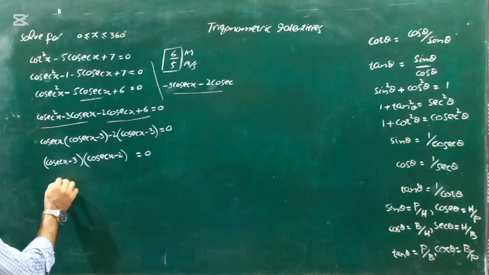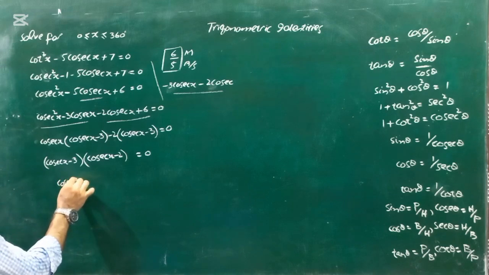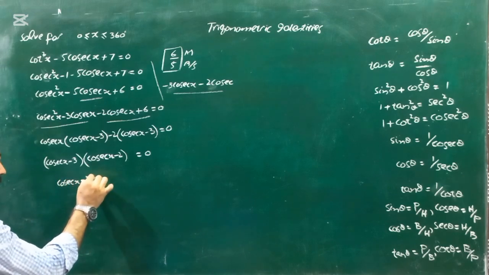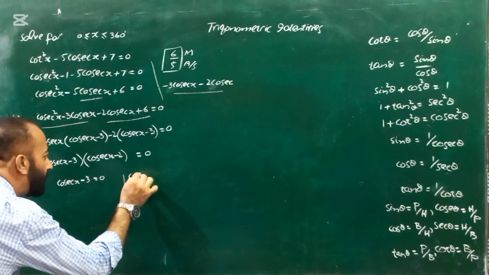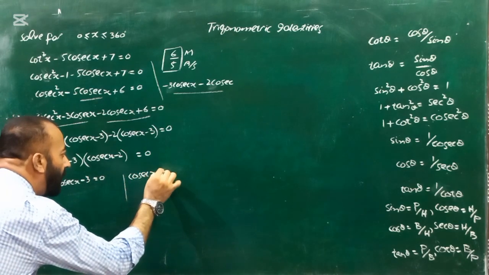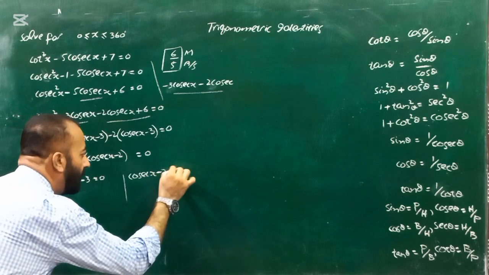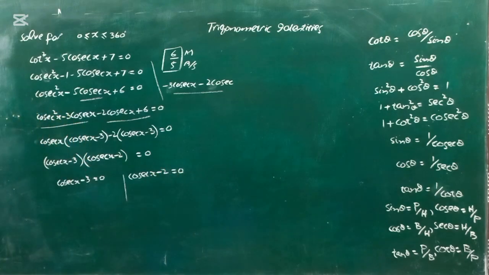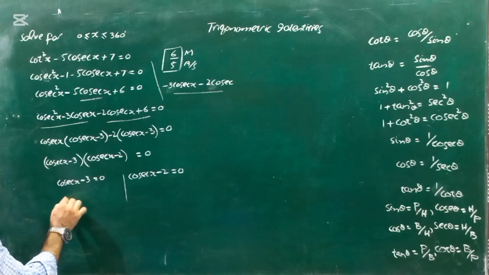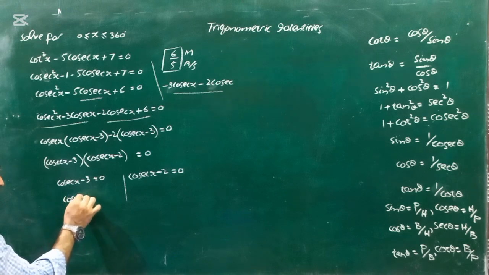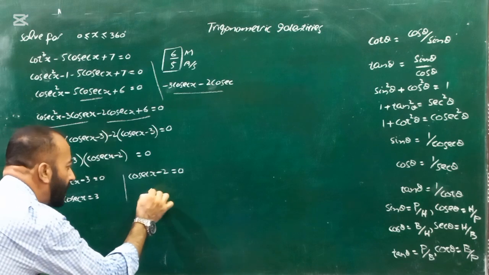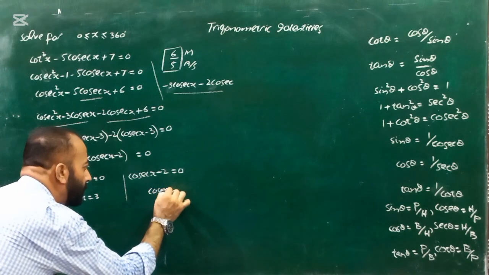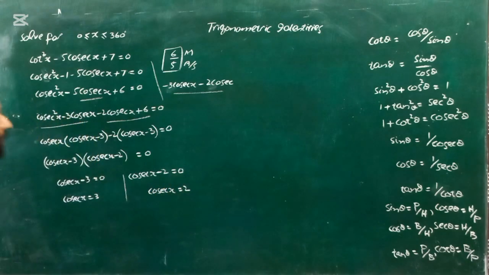From here, cosecant x minus 3 equal to 0, or cosecant x minus 2 equal to 0. Okay, from here, cosecant x is equal to 3, and from here, cosecant x is equal to 2.